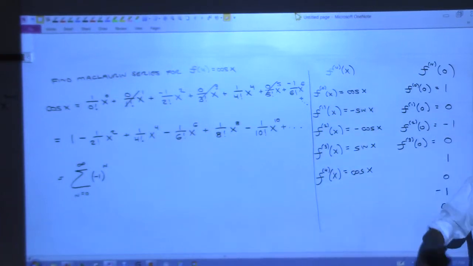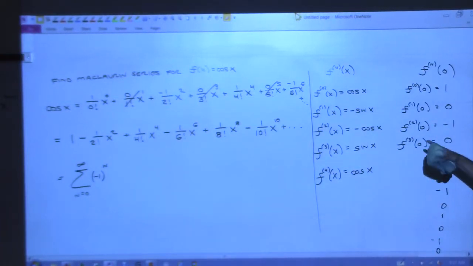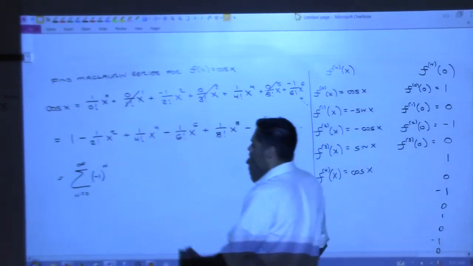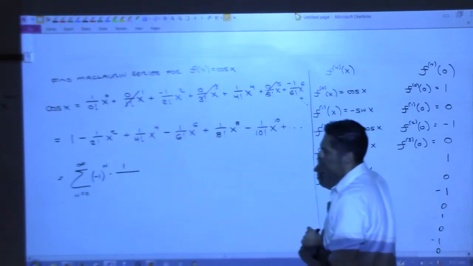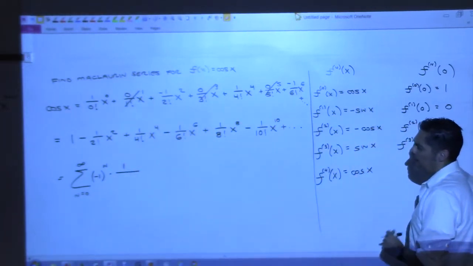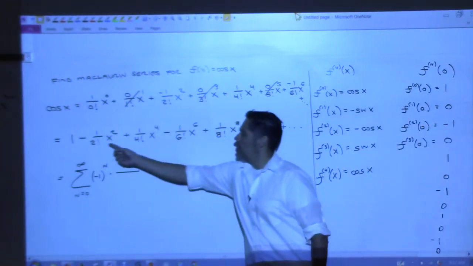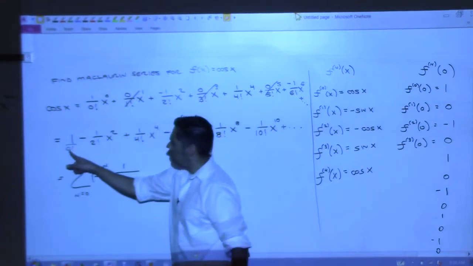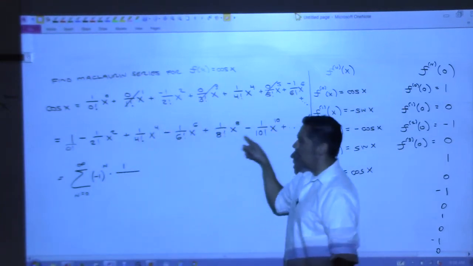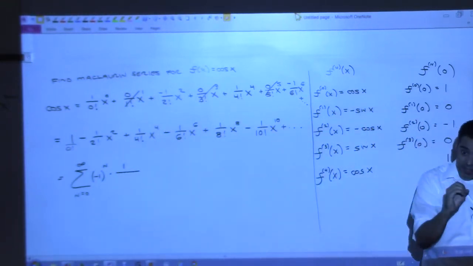So when we plug in 0, we get negative 1 to the 0 is 1, so that'll be positive. And then what? 1 over, what? Not n factorial, because these are even numbers. Remember, that's 0 factorial. So it's like 0 factorial, 2 factorial, 4, 6, 8, 10. So we need to start at 0, right?